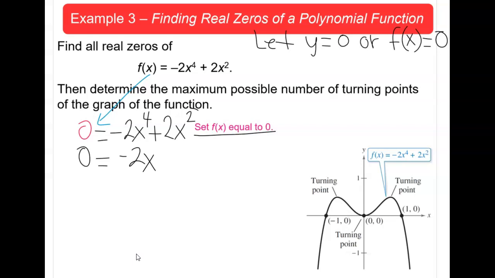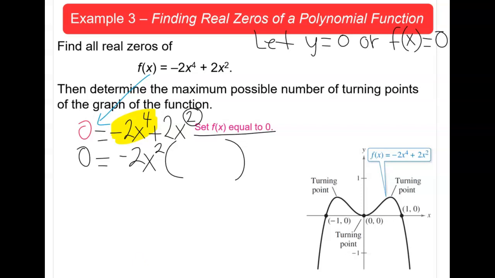We always take the smallest exponent if we want to factor a variable. So if we factor negative 2x squared from here, from negative 2x to the fourth, it's like we are dividing the two terms, and so the exponents get subtracted.